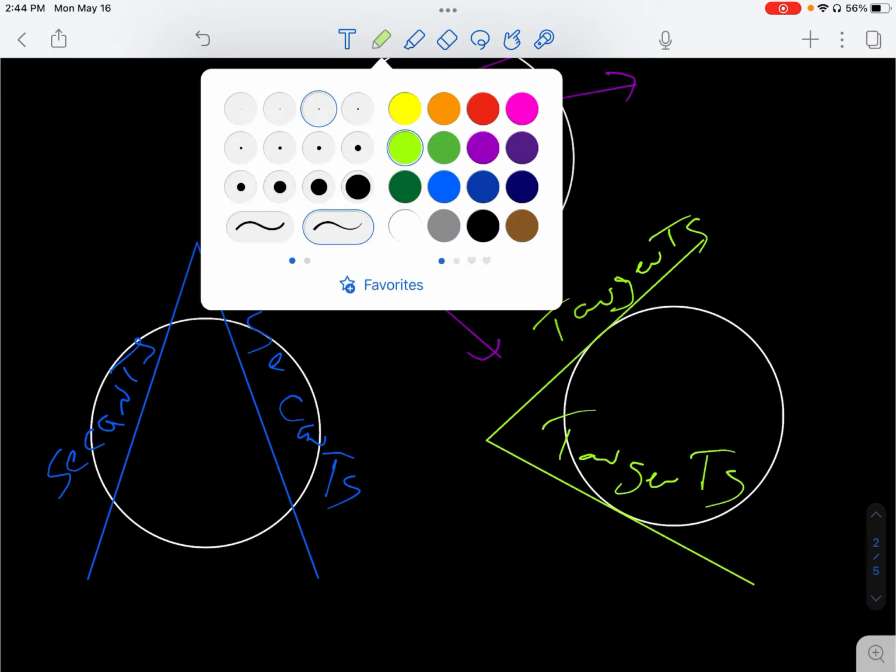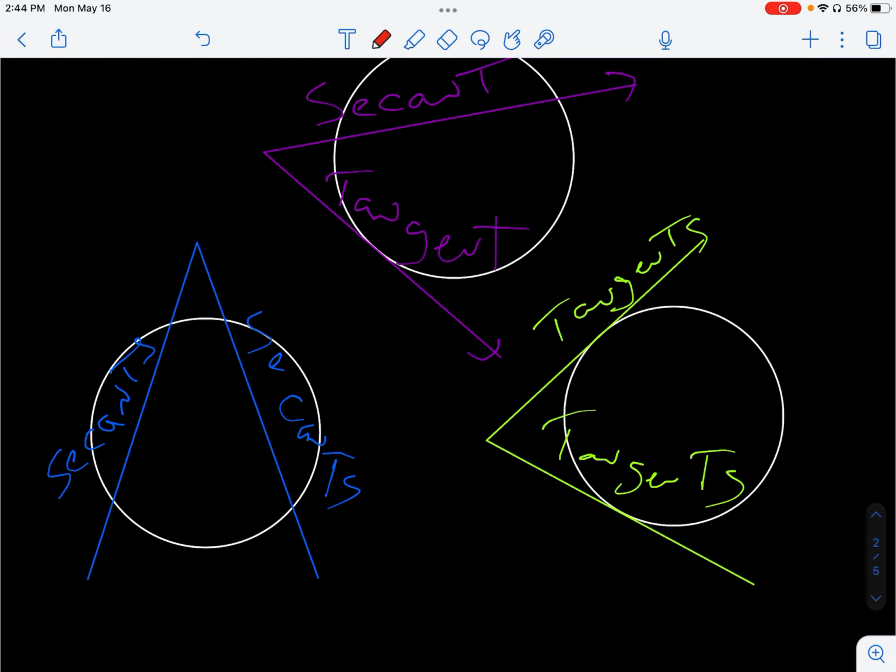And in every single case, the angle intersects the circle and creates two arcs. Here, here, here, and here, here, and here.